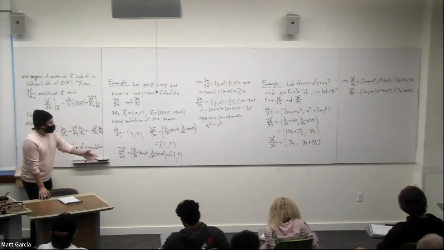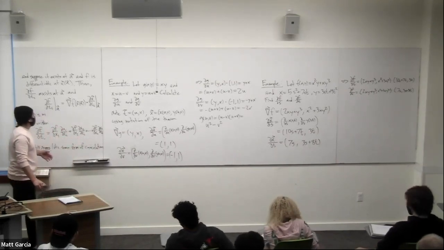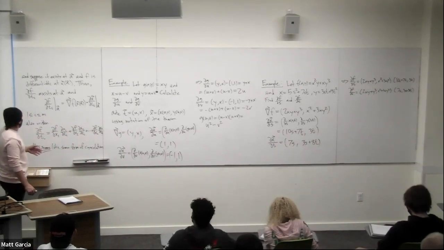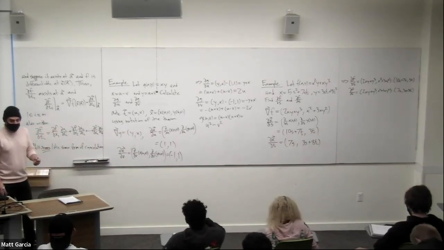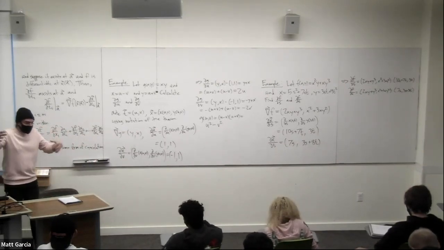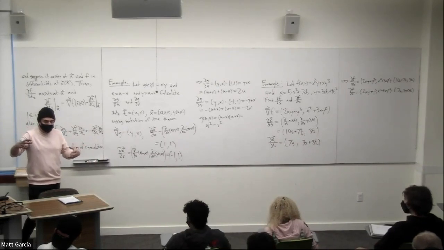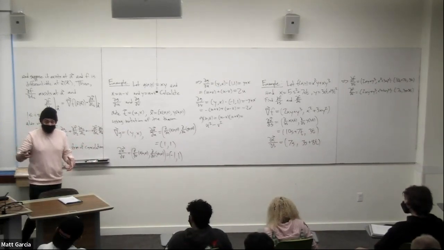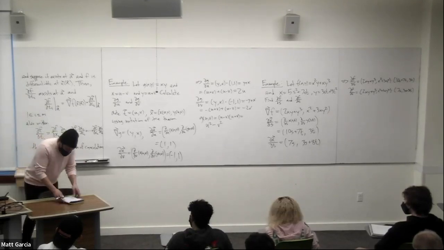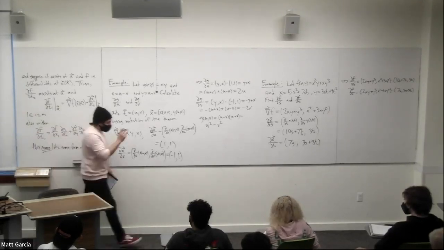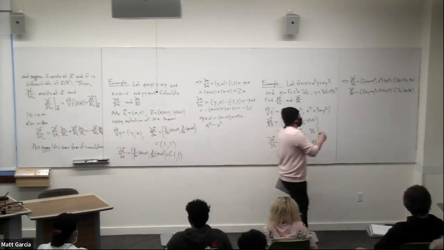We made this impromptu definition of what the derivative of a vector valued multivariable function is. We have to make a new definition each time we want to differentiate a new type of thing. So now we're going to talk about yet another type of derivative, namely the directional derivative.